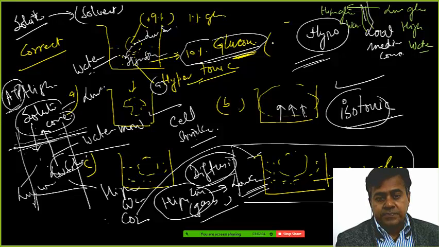So clarity of concept must be there. If you are having a single doubt, you cannot make a right decision. So right decision comes when everything is clear. Then you are 100% sure when you are marking the questions. Okay?